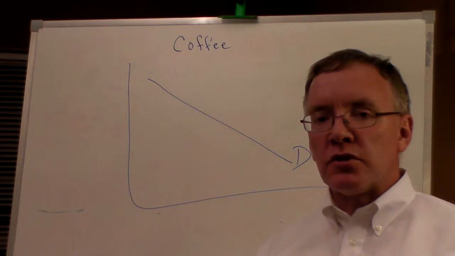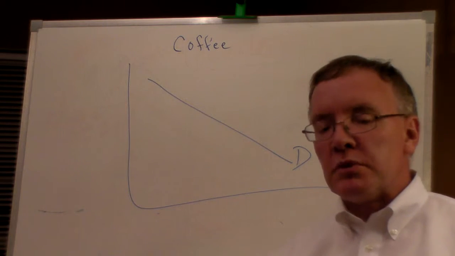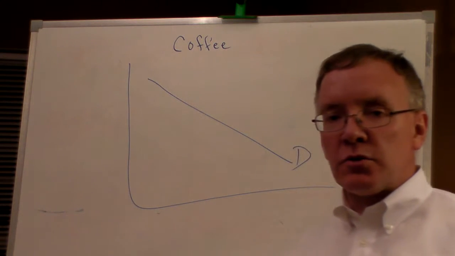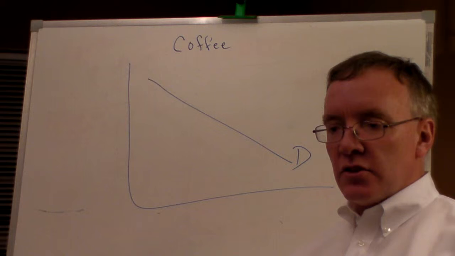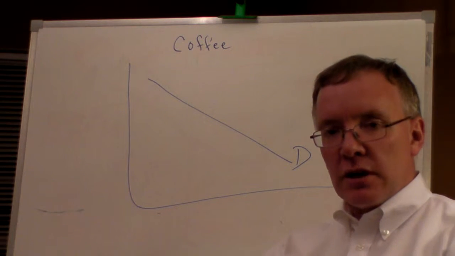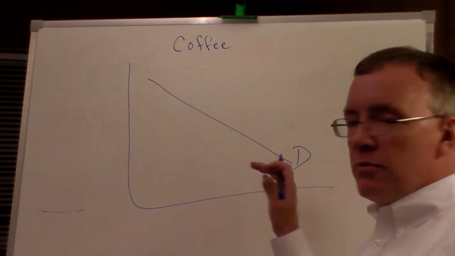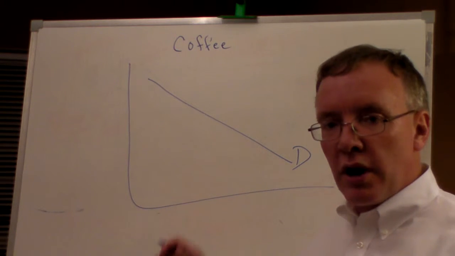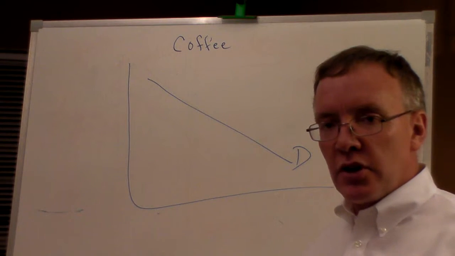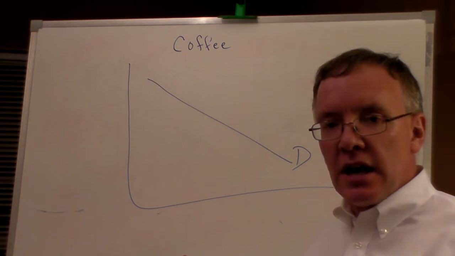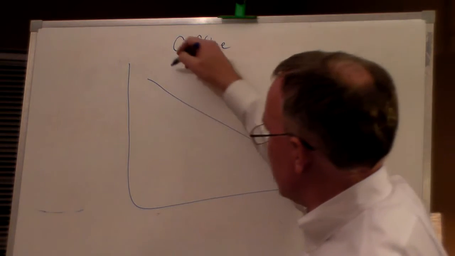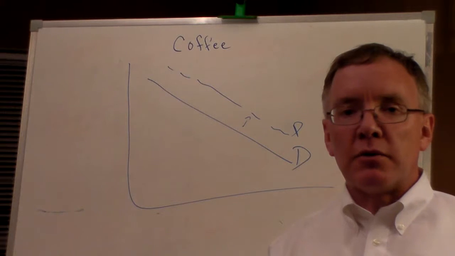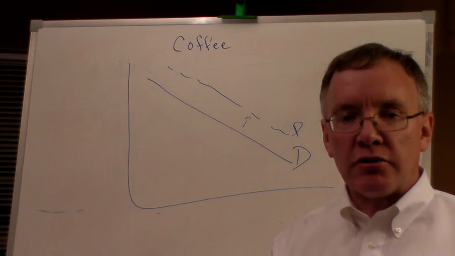If cream prices were to fall, and again, we're going to assume that the consumers are buying these items separately, then the cost to the consumer overall of the coffee plus the cream would, of course, go down. And so the demand for coffee, and demand meaning this relationship between the price and the quantity, would go up. So if cream and coffee are complements and the price of cream falls, then the demand for coffee is going to go up. And we would illustrate that by a rightward shift of the demand curve.